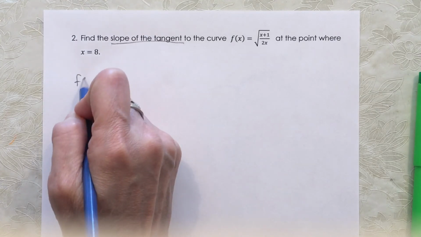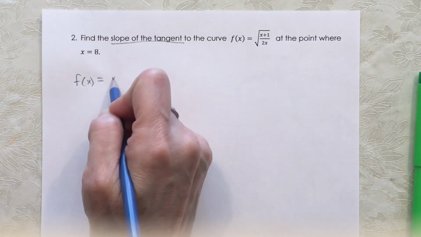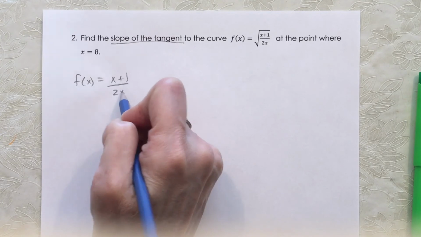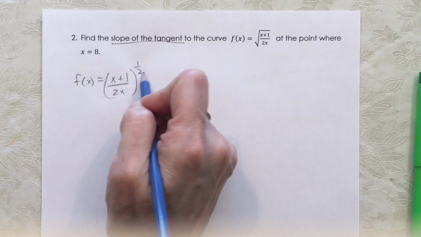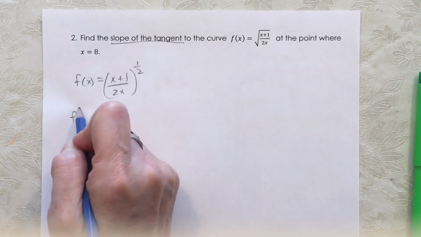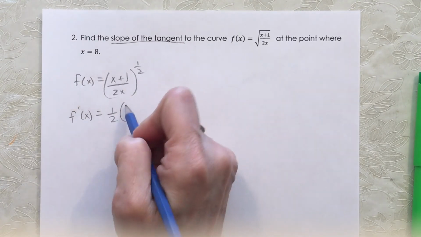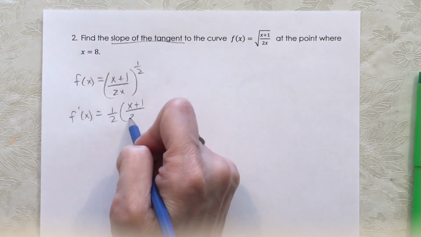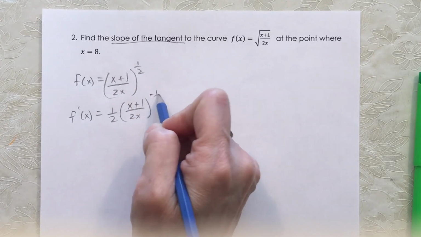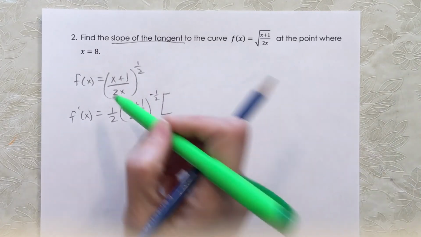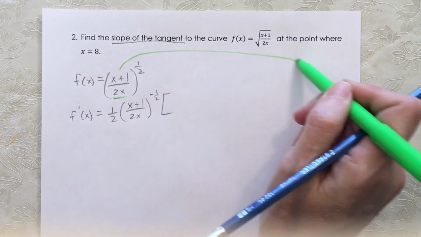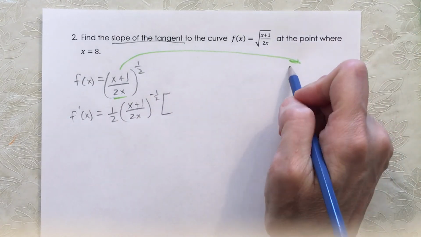So I'm going to rewrite it first as x plus 1 over 2x all to the exponent of a half. And when I derive it, I'm going to think of it as a chain rule first question. So a half times x plus 1 over 2x to the negative half, and then multiply by the derivative of what's inside, the inner derivative, which is going to involve a quotient rule.